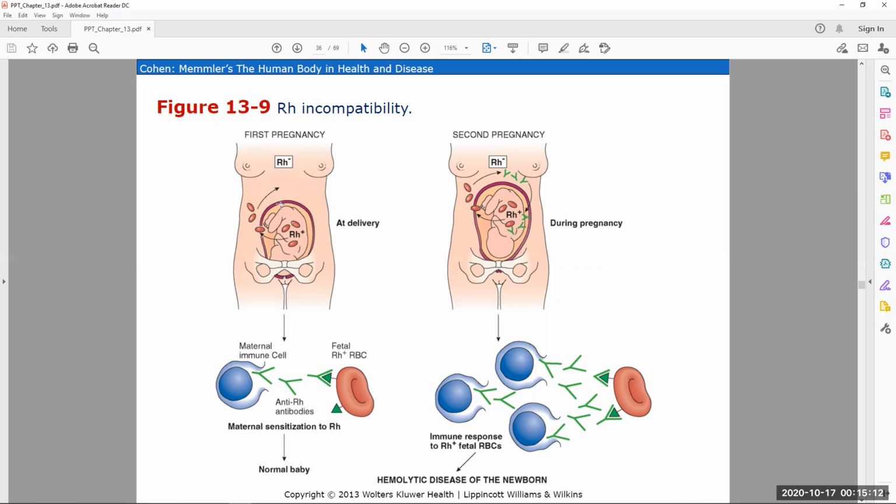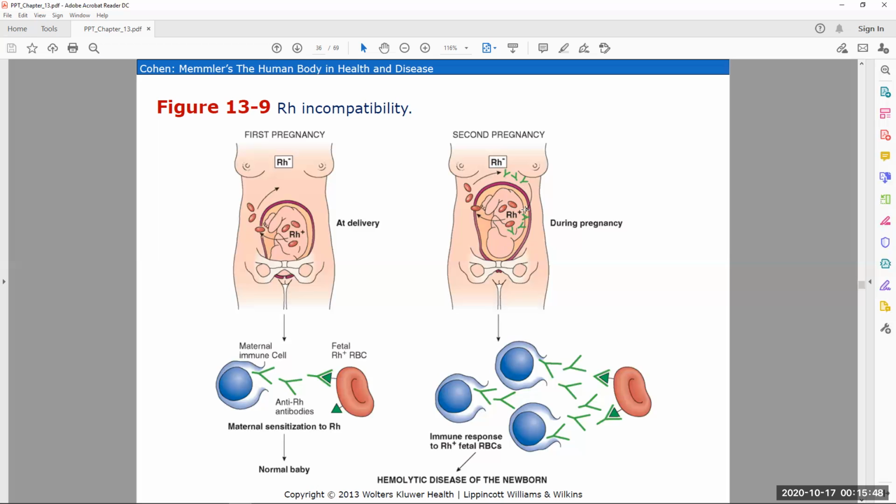All right. Now the thing is, during the second pregnancy, there will be circulating antibodies present in the mother to attack the rhesus positive proteins. So if the mother has a second child and it is rhesus positive as well, those antibodies which are present in the mother's circulating blood, what will happen?